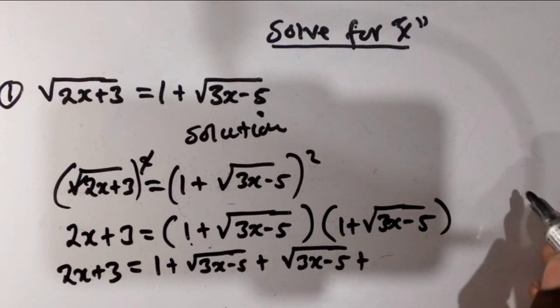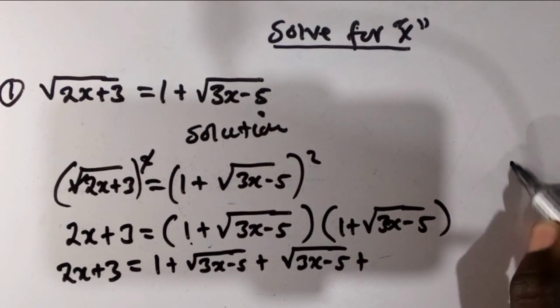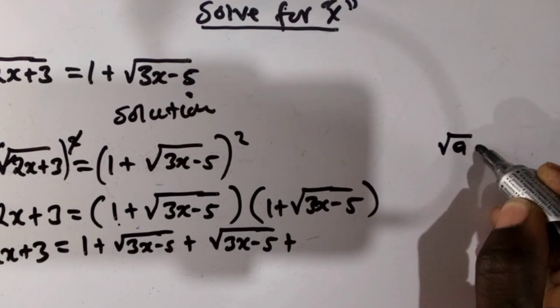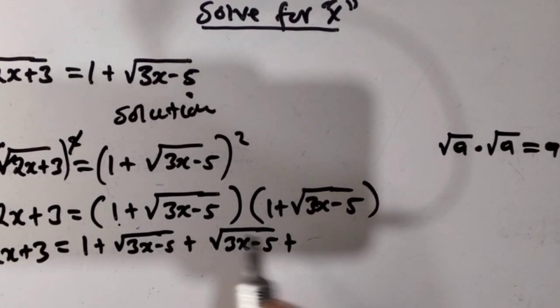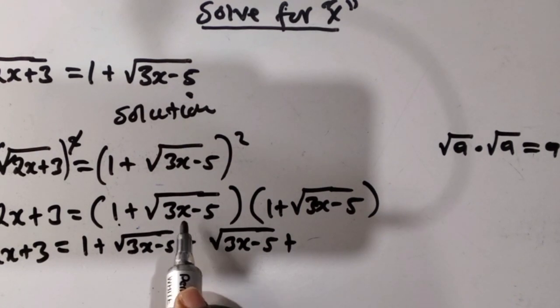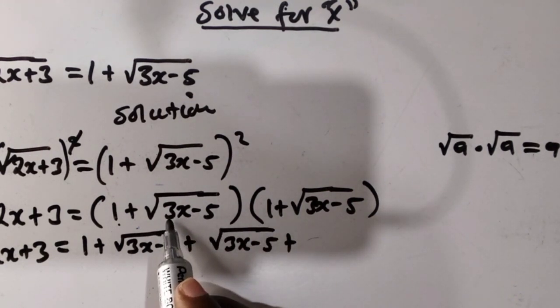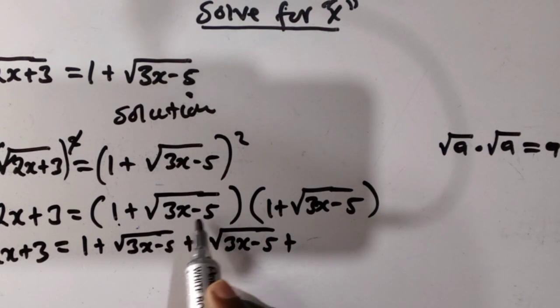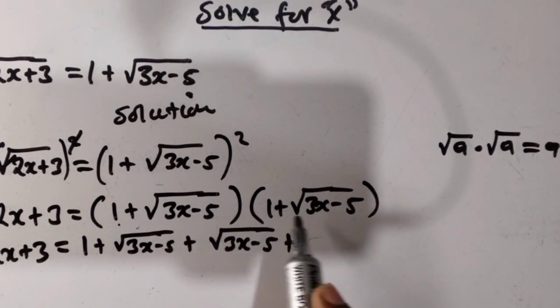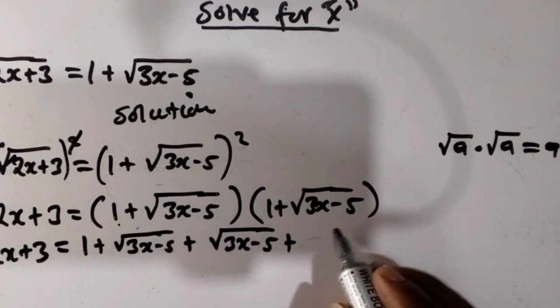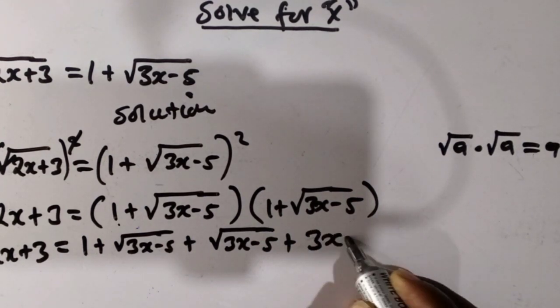We all know that if you have a multiplied by a, the answer you get is a. So the result is 3x minus 5 when you multiply the square root of 3x minus 5 by the square root of 3x minus 5. So here we have 3x minus 5.